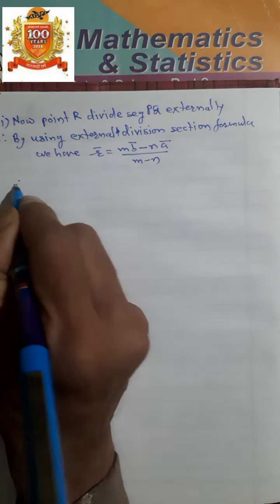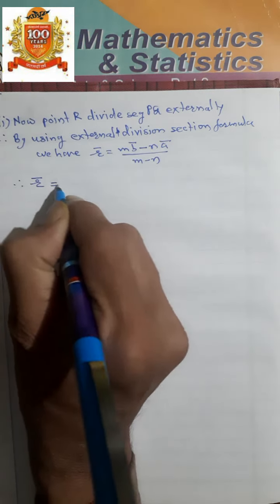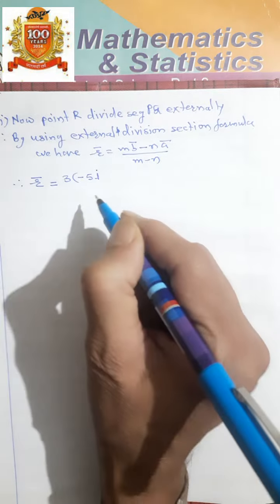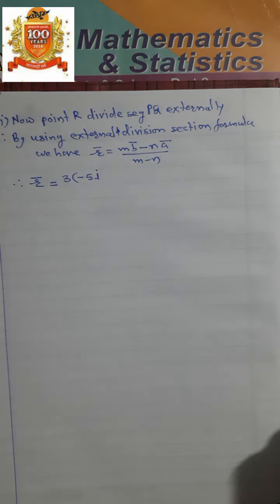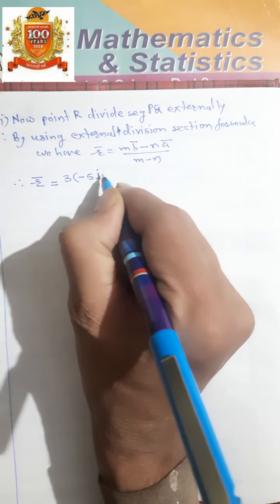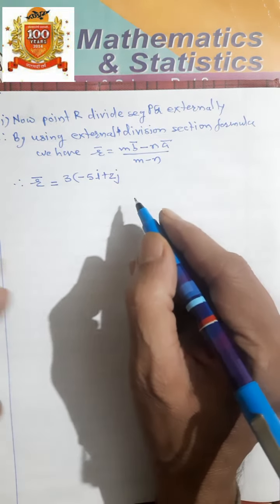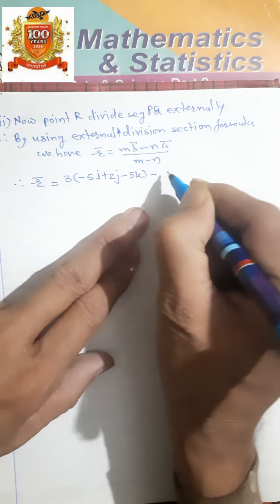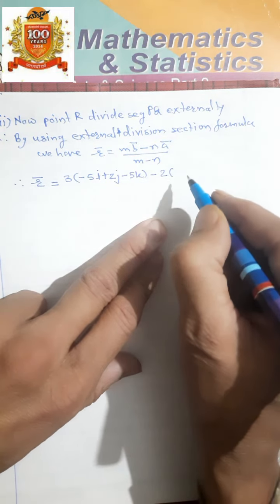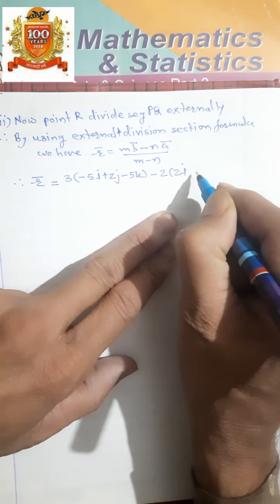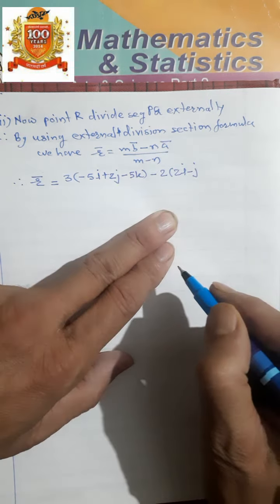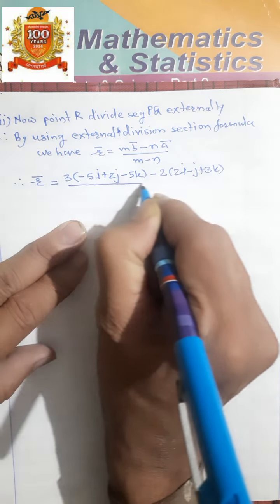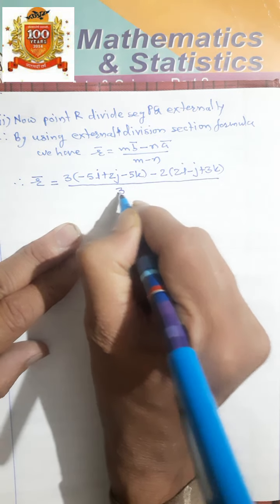Put the values. Therefore, R bar is equal to 3 into minus 5i plus 2j minus 5k, minus 2 into bracket 2i minus j plus 3k, whole divided by 3 minus 2.